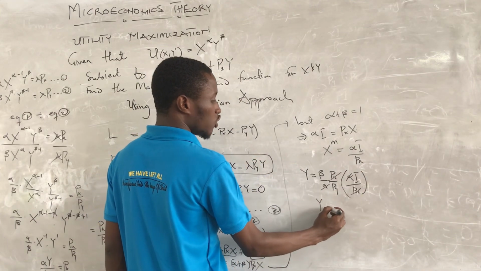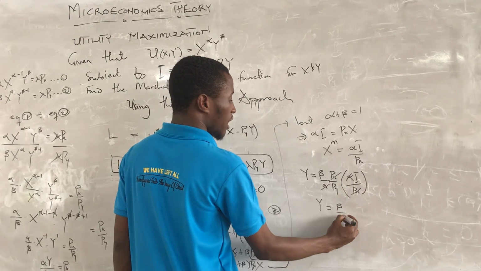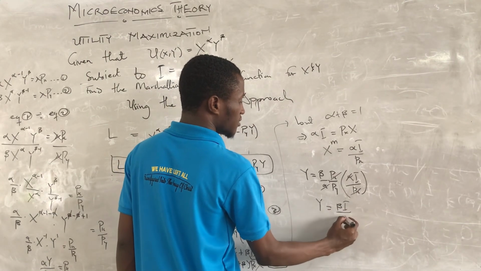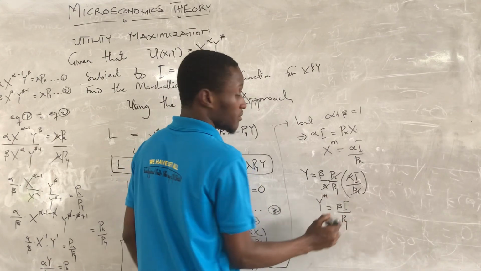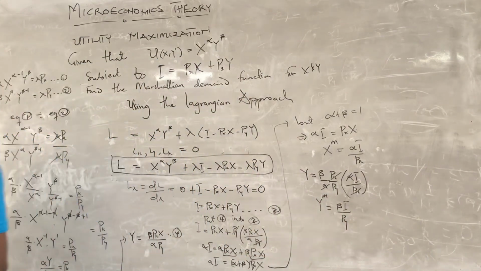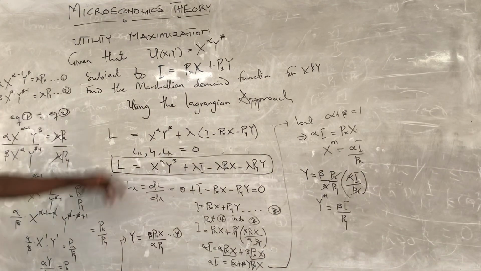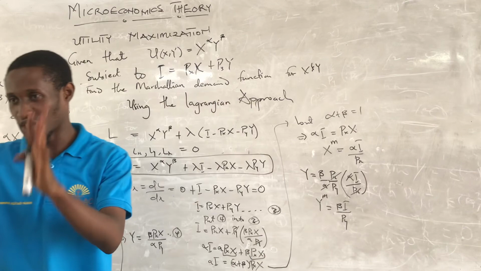I have y equal to beta I all over py. So this becomes the Marshallian demand function for commodity Y using the Lagrange approach, having been given the Cobb-Douglas function.